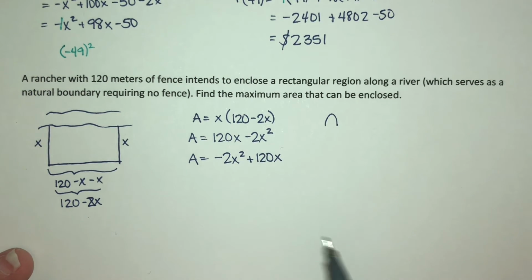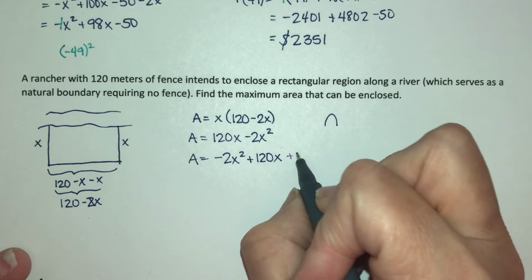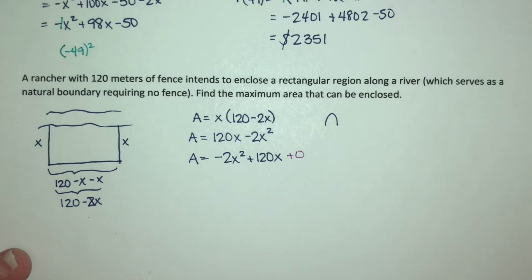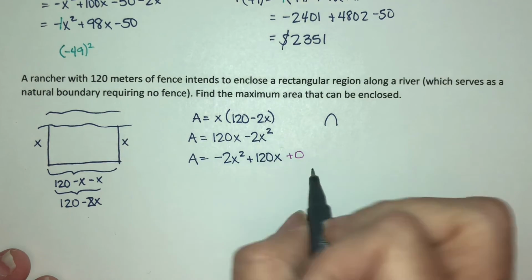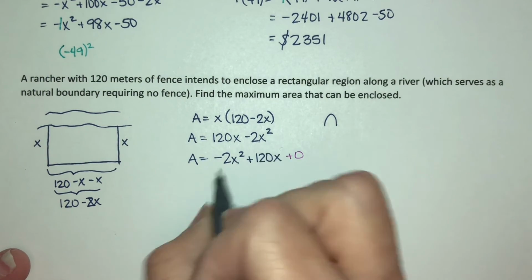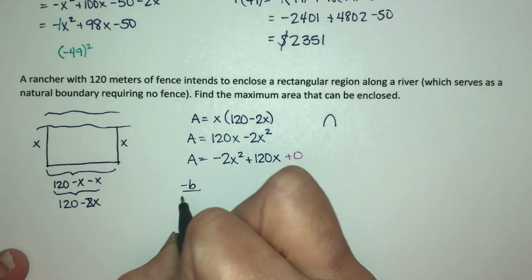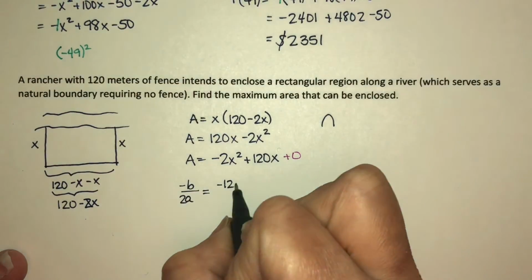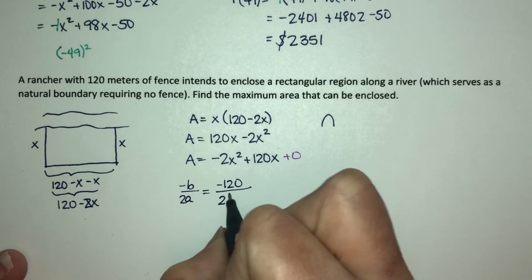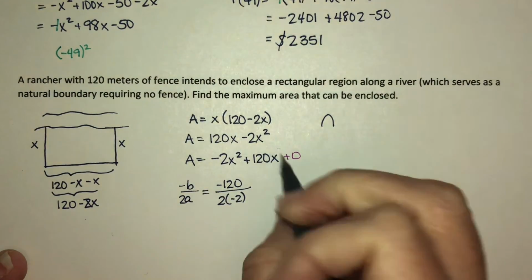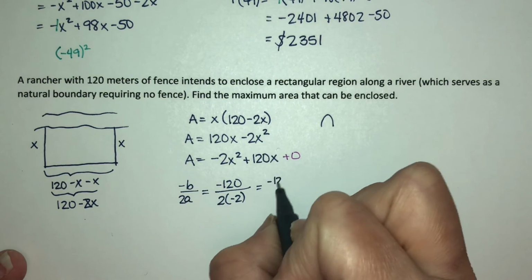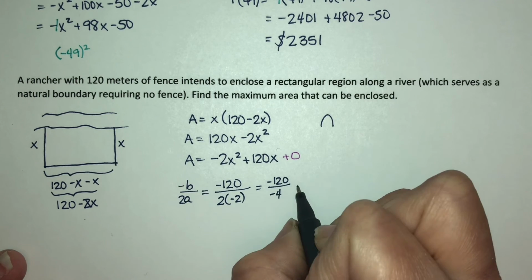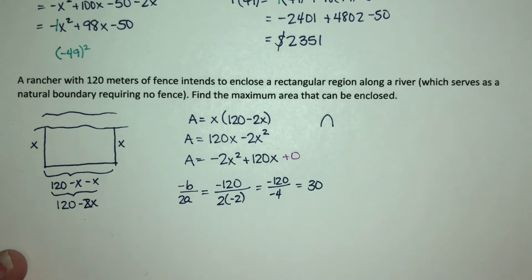Let's find the vertex. Remember, this is essentially a plus 0 here, so if you need that C value, it's there for anything. Our vertex is, I need to find negative b over 2a. Negative b will be negative 120 over 2 times negative 2. So negative 120 over negative 4, which will be 30.